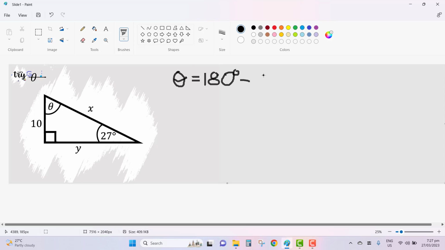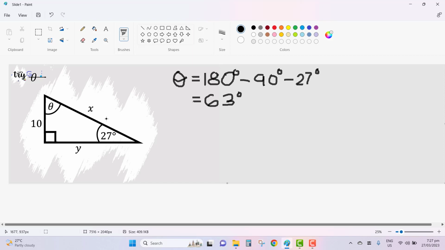Again, we will subtract 90 degrees given by this box and the 27 degrees given by this angle here, which will yield a measurement equal to 63 degrees. This should be the measurement of angle theta.